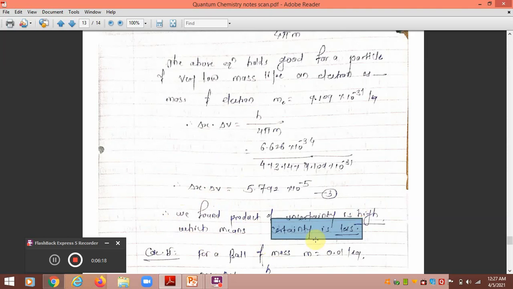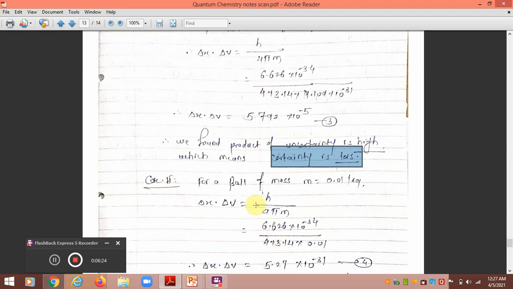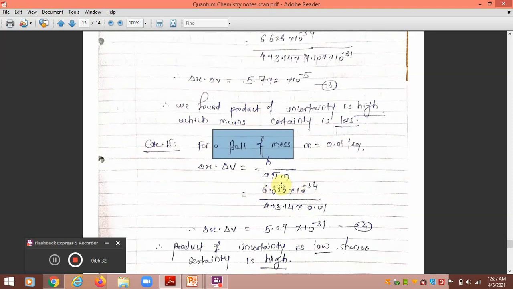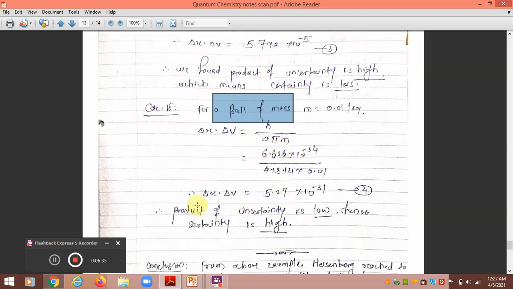Similarly, if we apply this equation to another particle like a ball having considerable mass, 0.01 kg, we will get the product of the uncertainty in its position and velocity as 5.27 × 10^-31.